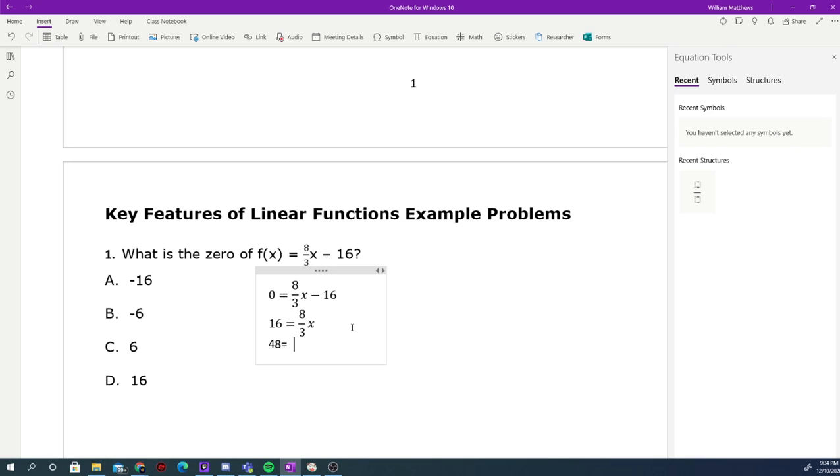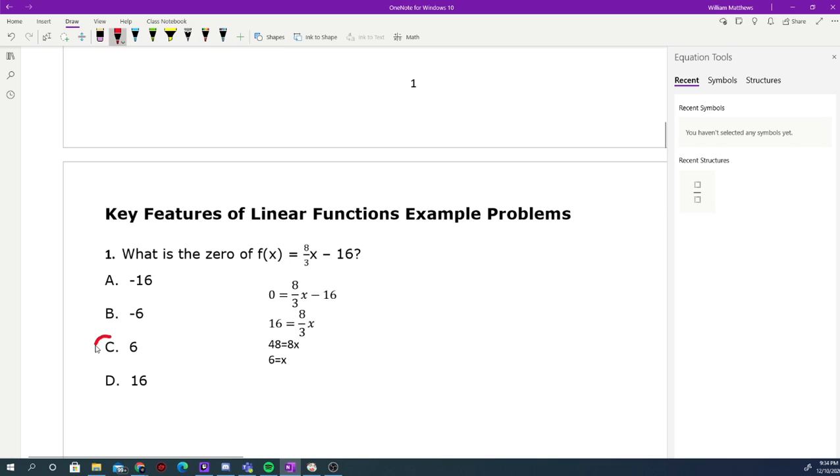This will leave the top number, which is still multiplied to my x variable, and then I can just divide both sides by 8, which will give me 6 equals x, or in other words, our x is 6. So this is how to show it through algebraic reasoning.